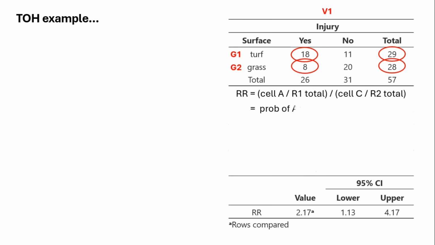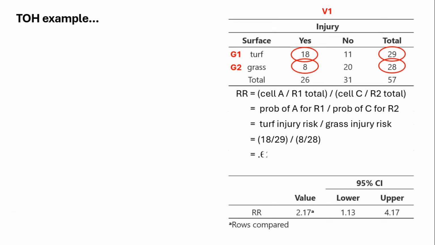I'm pulling that out. I'll go through it in a second here so you can get the terminology. And as you can see, the value in the table is exactly what you get if you do it just on a calculator. So let's go through that. The risk ratio is going to be the proportion: the value in cell A divided by the row 1 total, which is 18 divided by 29, and divided by the value in cell C divided by the row 2 total, 8 divided by 28.